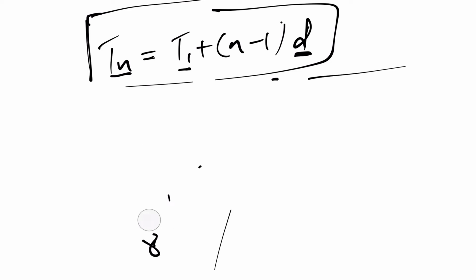As long as the sequence is arithmetic, you use this formula. And recall that I said in order for a sequence to be arithmetic, the consecutive terms should have the same difference, or let me say should have a common difference.